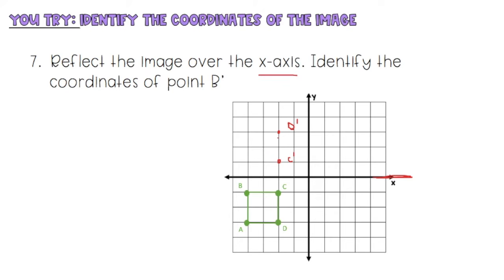Point B was originally at -4, -1, so now it will be at -4, +1. And A will be located at -4, +3.